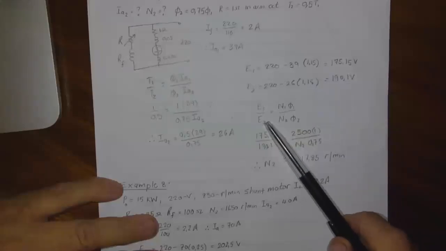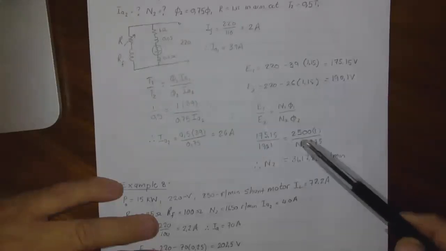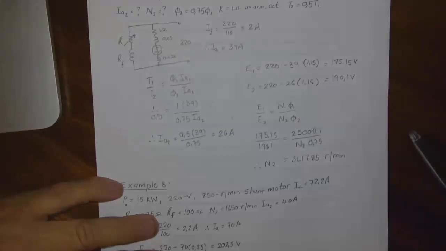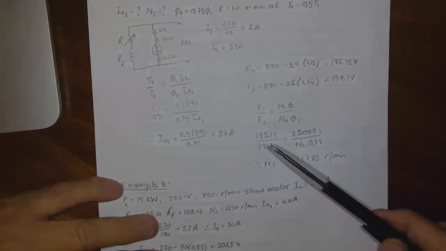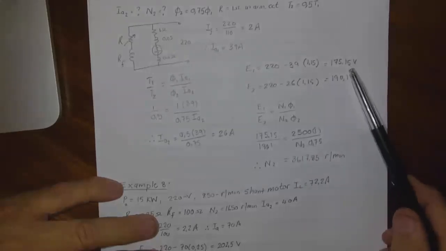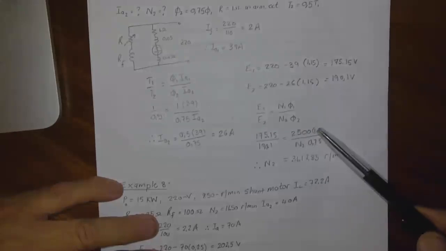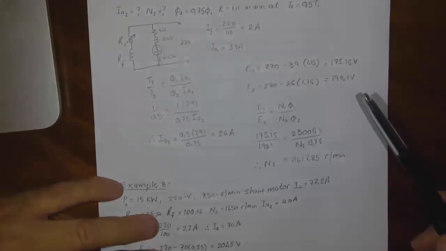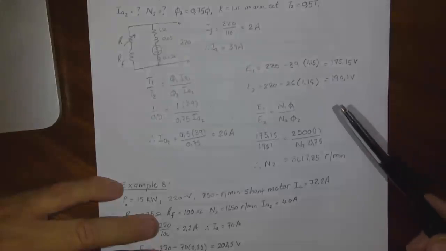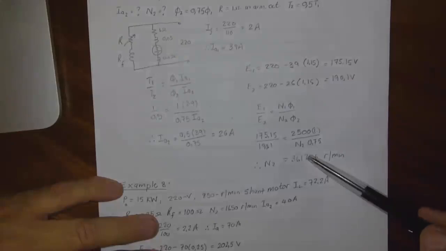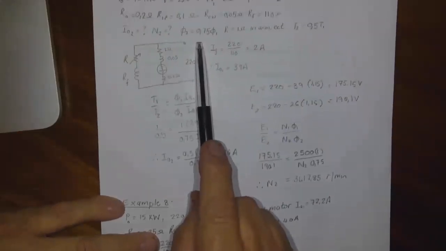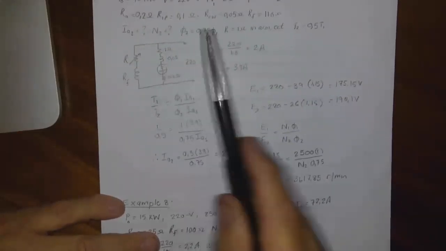And then E1 over E2 is N1 flux 1 over N2 flux 2. It's 175, which is that one, divided by 190, is equal to 2,500 times flux 1 over N2 times flux 2. And there they said that flux 2 is 0.75 of flux 1.